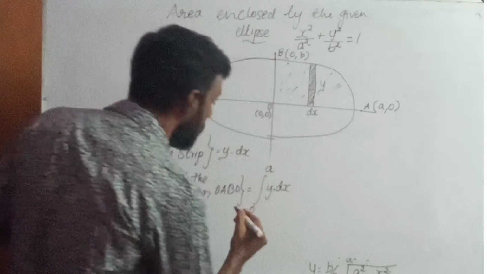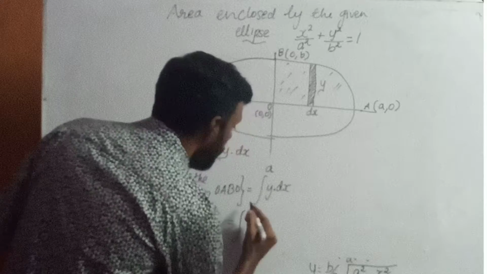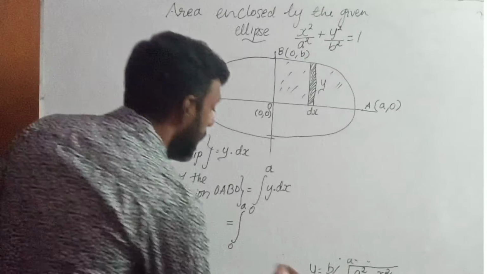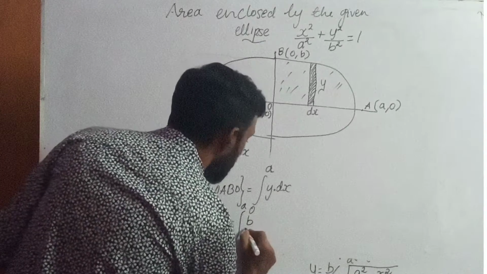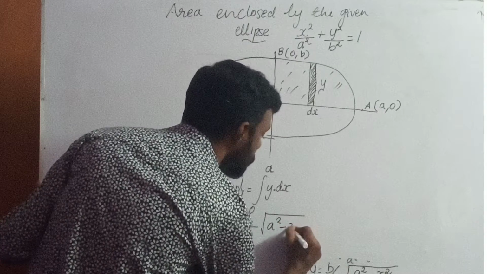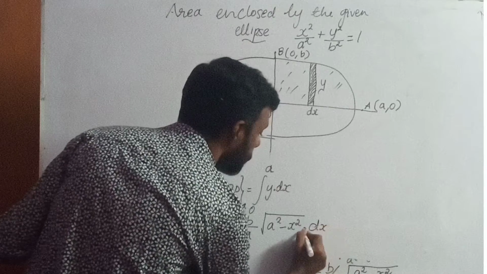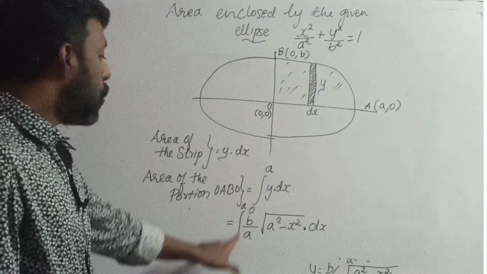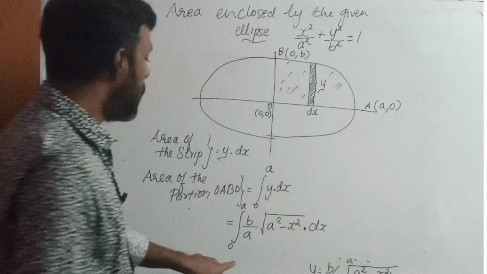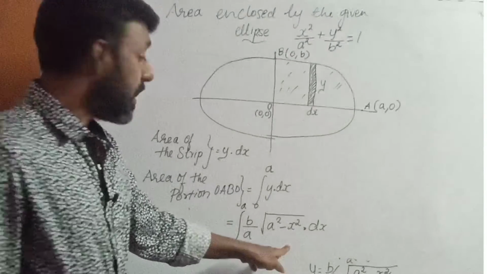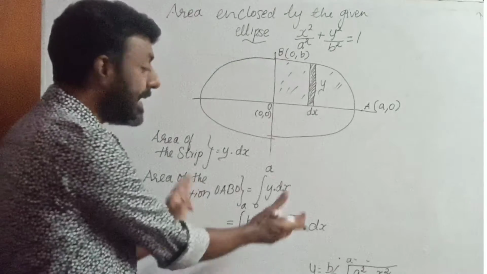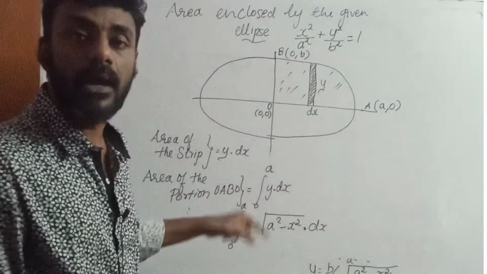So my next step will be, from 0 to a, this y value I have obtained, b divided by a into root of a squared minus x squared into dx. It will be from 0 to a. So I have received the y value and I have substituted it inside the integral, which is being guided by a limit.